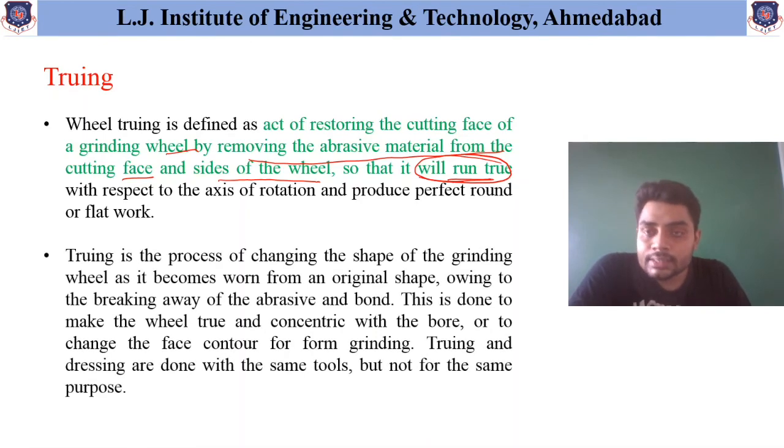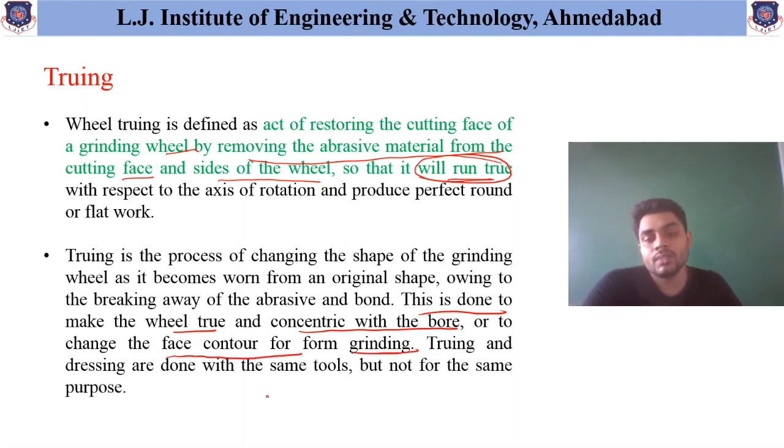Similarly, truing is the process of changing the shape of the grinding wheel as it becomes worn from its original shape, due to the breaking away of abrasive and the bond, and this is done to make the wheel true and concentric with the bore, or to change the face contour to form the form grinding. So truing and dressing are done with the same tool but not for the same purpose.